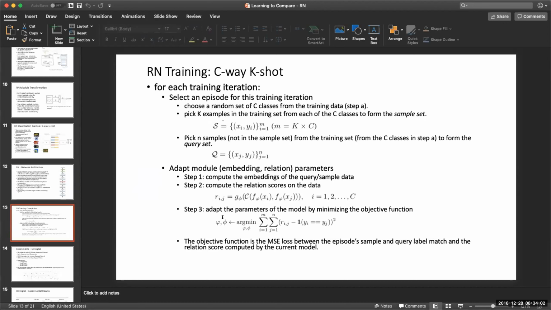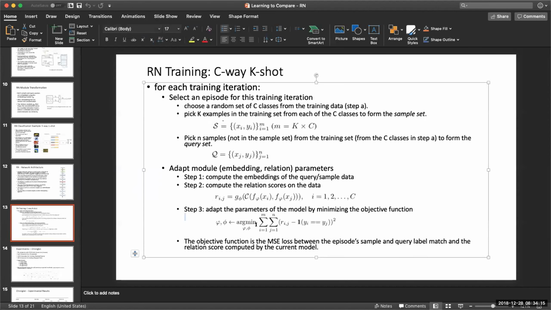Finally, step 3 is the learning stage, where we adapt the parameters of the model by minimizing the objective function. The objective function is this summation on the right-hand side. Let me describe the terms of the objective function.